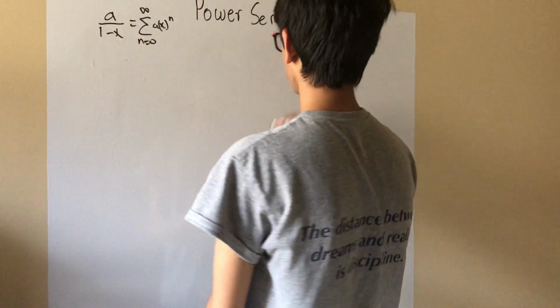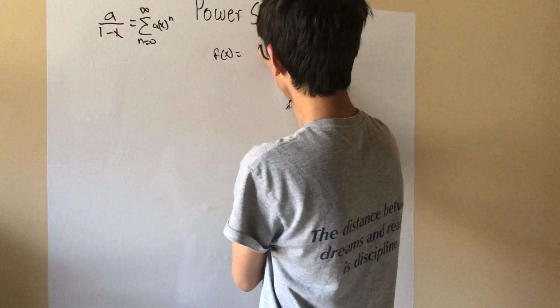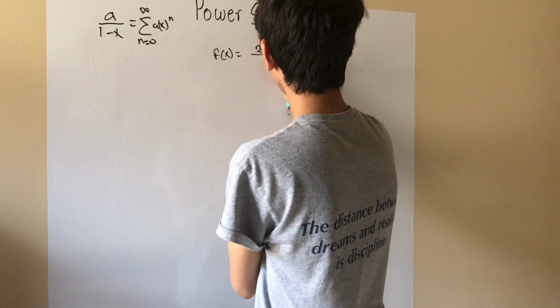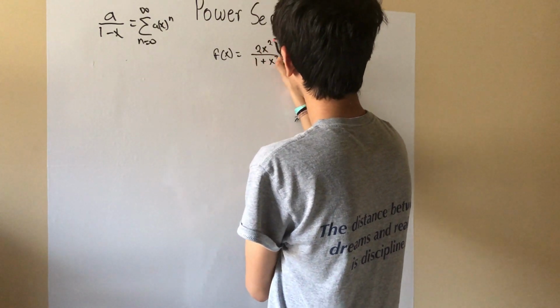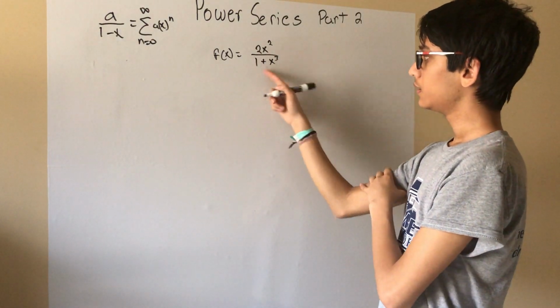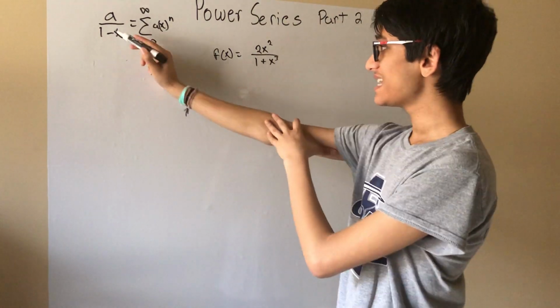And the next problem is going to be f of x equals 2x squared over 1 plus x cubed. Now this might look confusing because you have an x on top and the same thing on the bottom, right? But if you remember, you can have any a value on top.